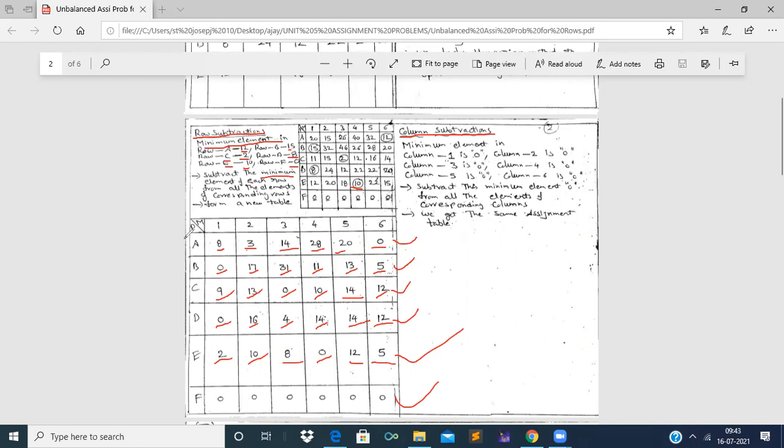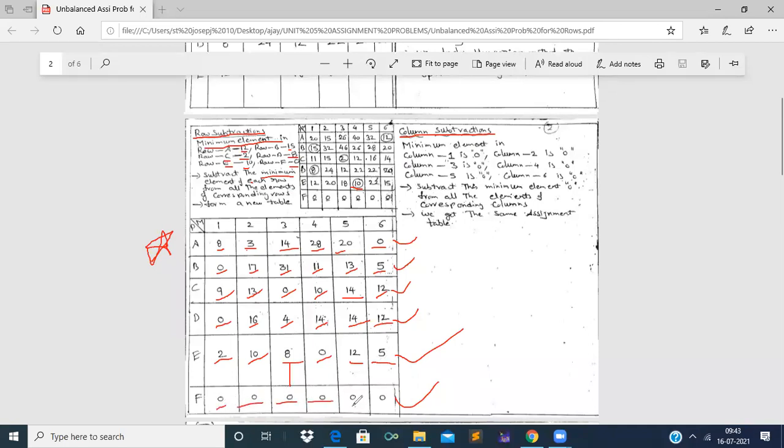Now, in this table, the table for which I have marked star, we have to search for minimum element in each column. In first column, second column, third column, fourth column, fifth column, and sixth column, the minimum element is 0.